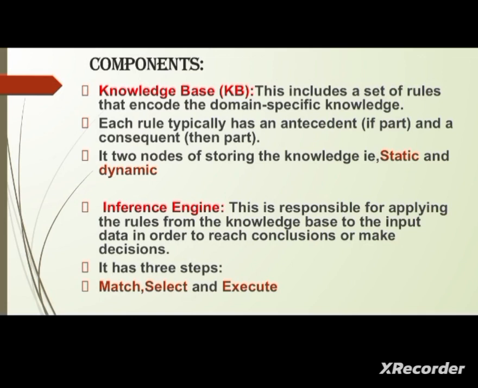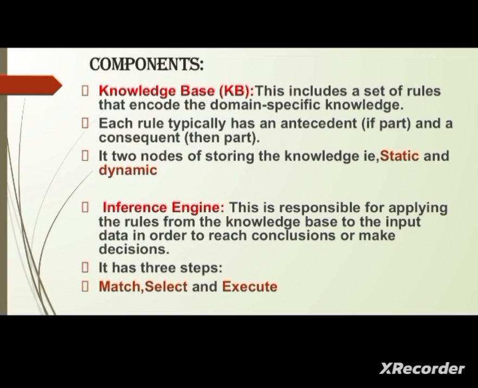The first component is the knowledge base. This includes a set of rules that encode the domain-specific knowledge. Each rule typically has an antecedent, the if part, and a consequent, the then part. The knowledge base consists of facts, figures, and their relationships, and it has two modes for storing the knowledge, that is static and dynamic.